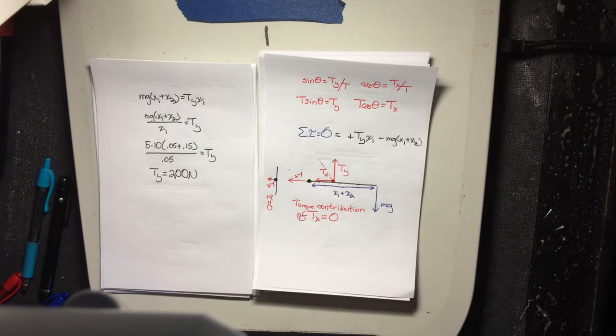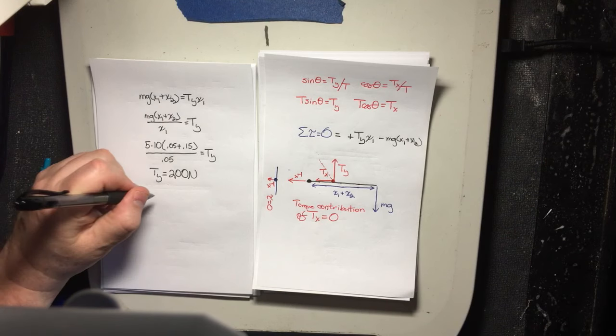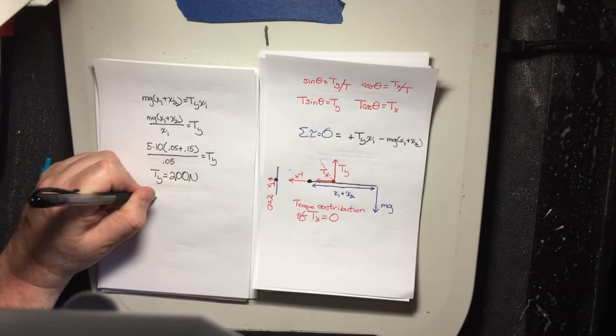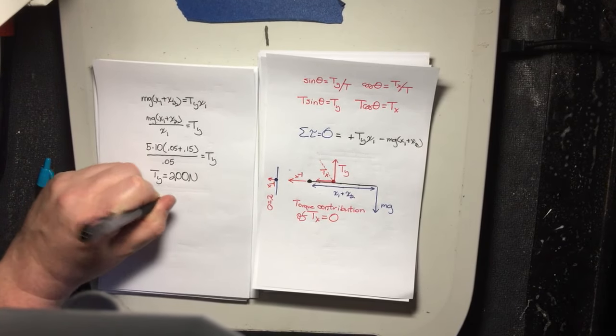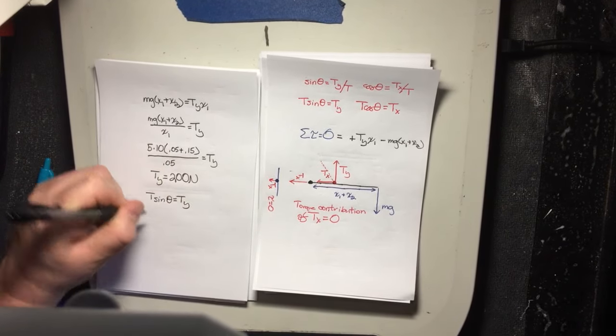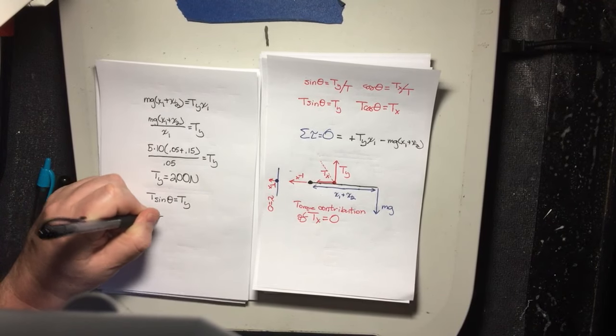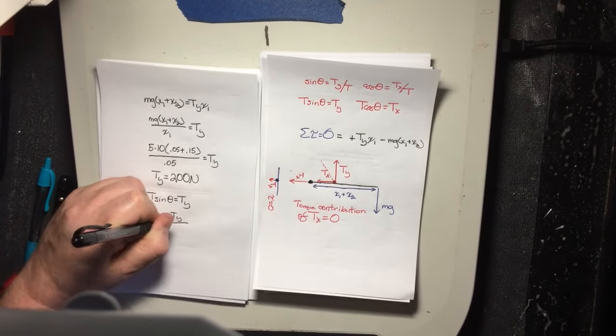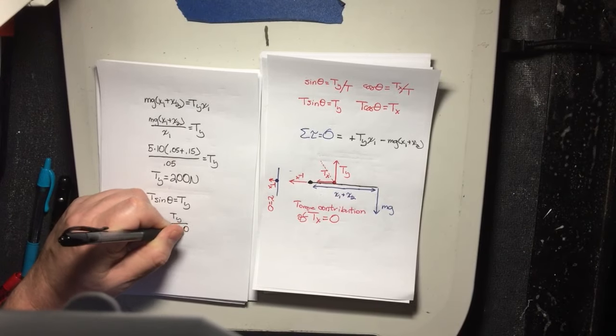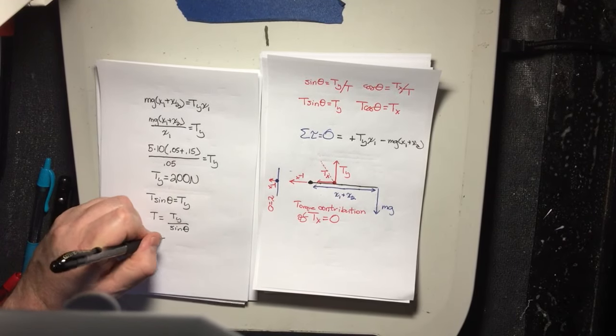Okay, next. Now that I have Ty, I can get T fairly quickly. I know that T sine theta is equal to Ty. So T is equal to Ty over sine theta.